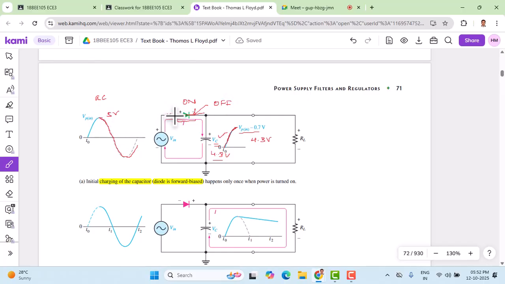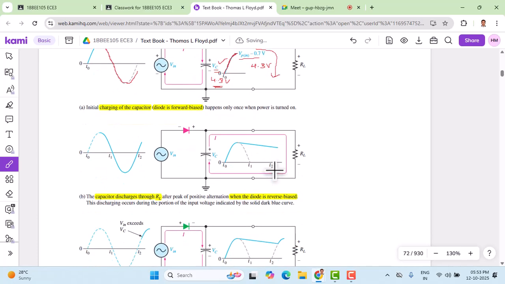Here the voltage reduces, and here the voltage remains at 4.3 volts. Therefore, when the input drops at the anode, the voltage drops, but the voltage here has already risen to 4.3 volts, so the voltage across the capacitor is 4.3 volts. This voltage has turned the diode off, and now the capacitor starts discharging through this path. The discharging path is shown in the next waveform.